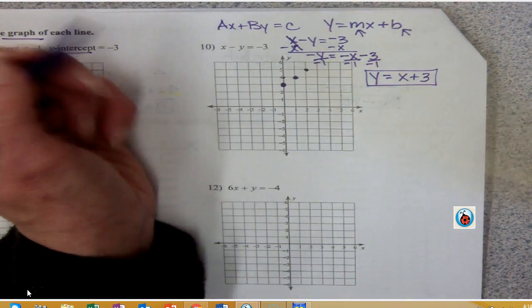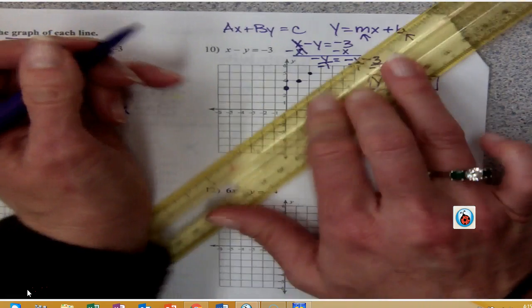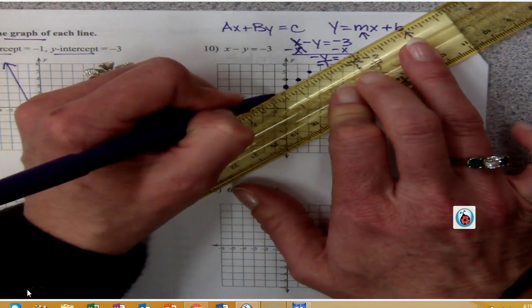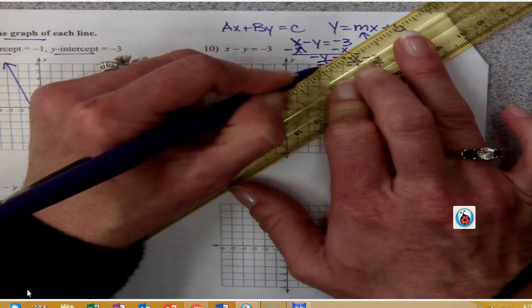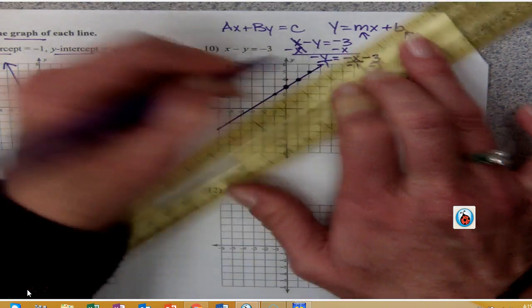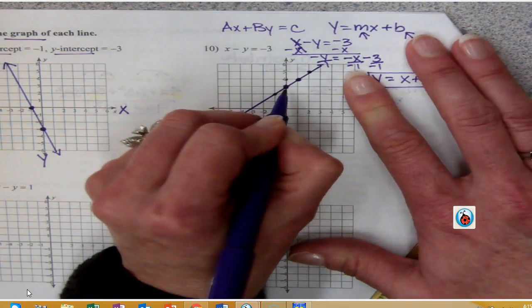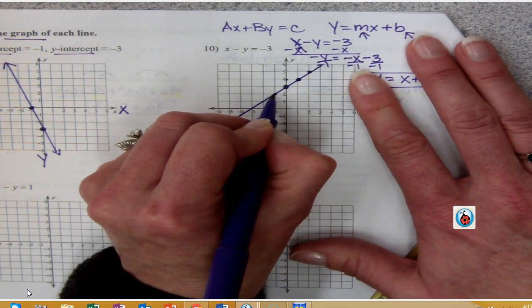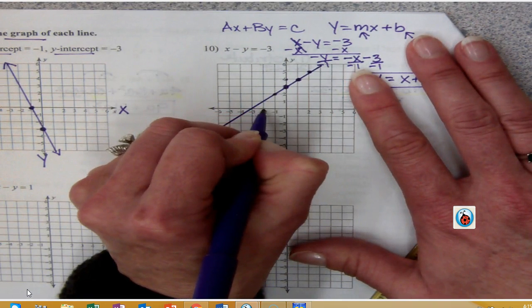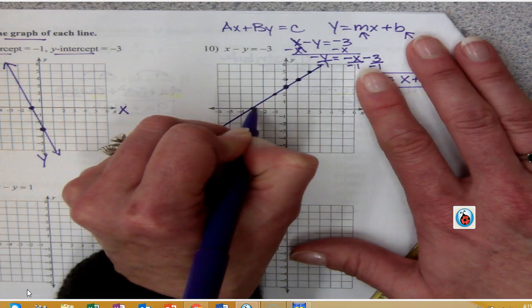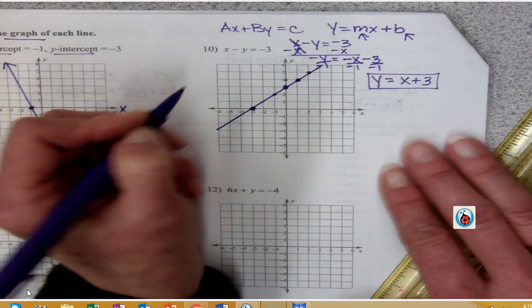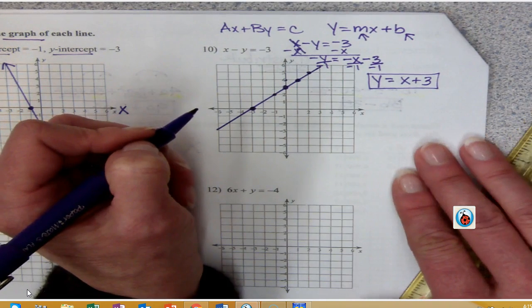And I can take my ruler and graph that. And if you notice, once I've graphed it, I could also go -1 over negative 1, and it would be the same because a negative over a negative is a positive.